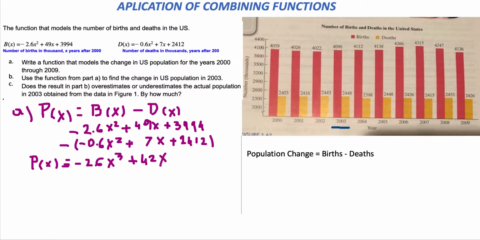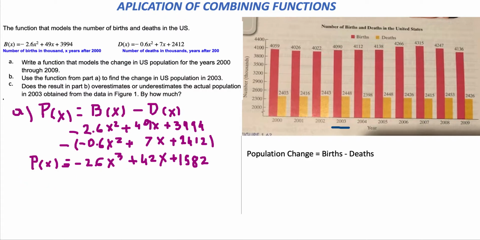And in the end, we are subtracting 3994 minus 2412. 4 minus 2 is 2. 9 minus 1 is 8. 9 minus 4 is 5. And 3 minus 2 is 1. So this is a new function that describes the growth of population in the United States.